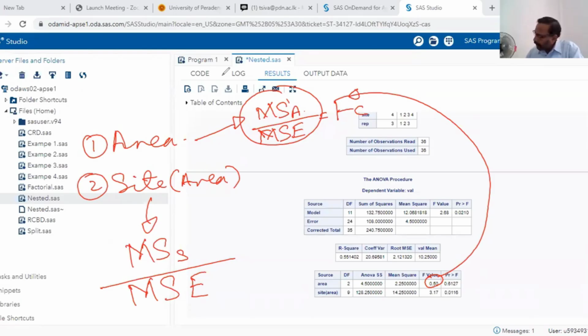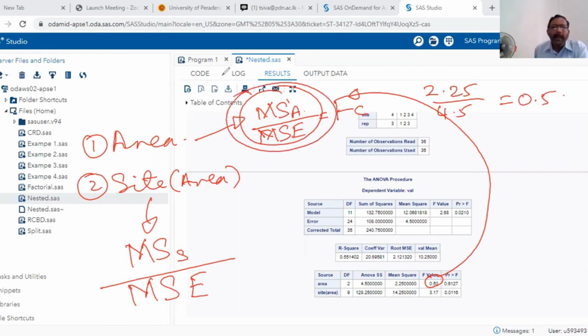Divide this mean square of area, that is 2.25, divided by the mean square of error, that is 4.5. What is the answer? That is 0.5. So that is what the computer normally does. But can we accept this ratio of the F calculated value for area?